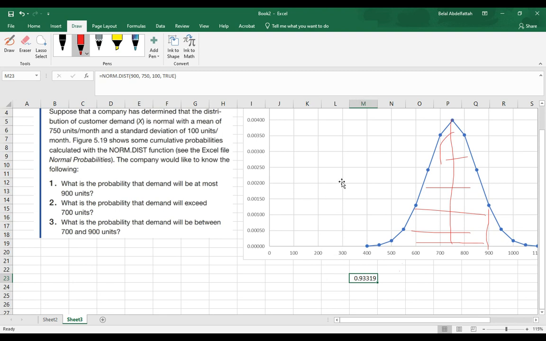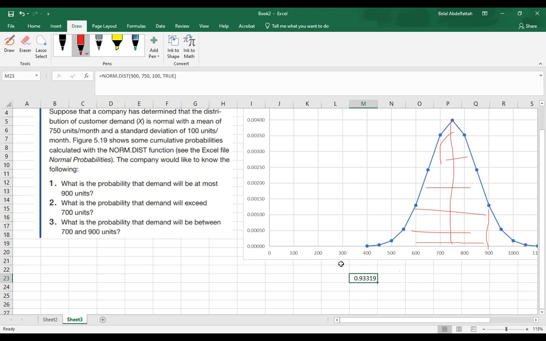Now, the continuous distribution type of problem is a little bit different. If we were to have said something like, what is the probability that the demand will be less than 900 units, you'll still put the number 900 here. You wouldn't go for 899 because it's a continuous random variable, so there might be decimal points in between the 900 units and the 899, and we don't want to skip those.